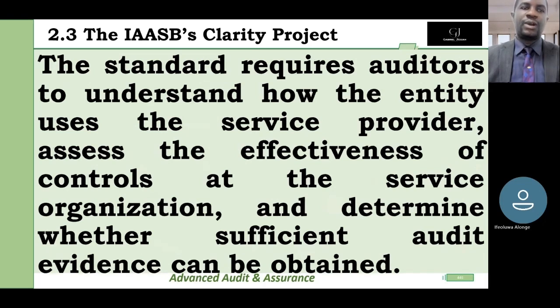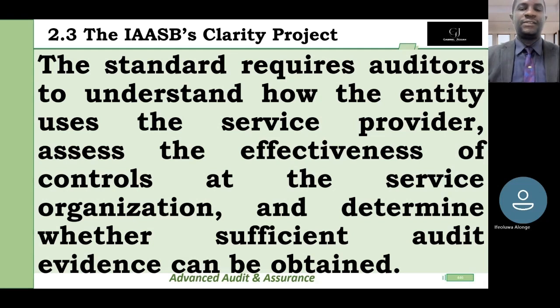This standard requires auditors to understand how the entity uses the service provider, whichever service provider, whichever area it is, and assess the effectiveness of the controls at that service organization, and also determine whether sufficient audit evidence can be obtained.